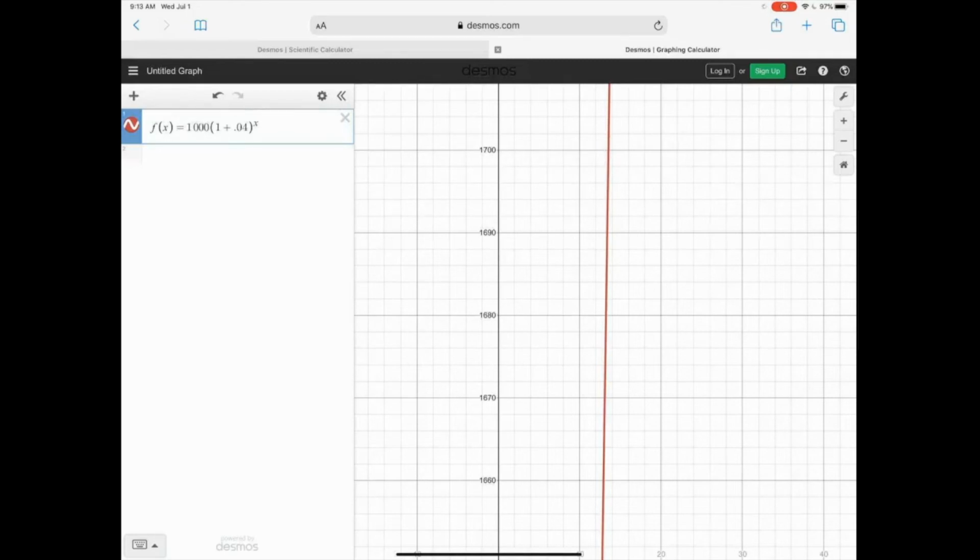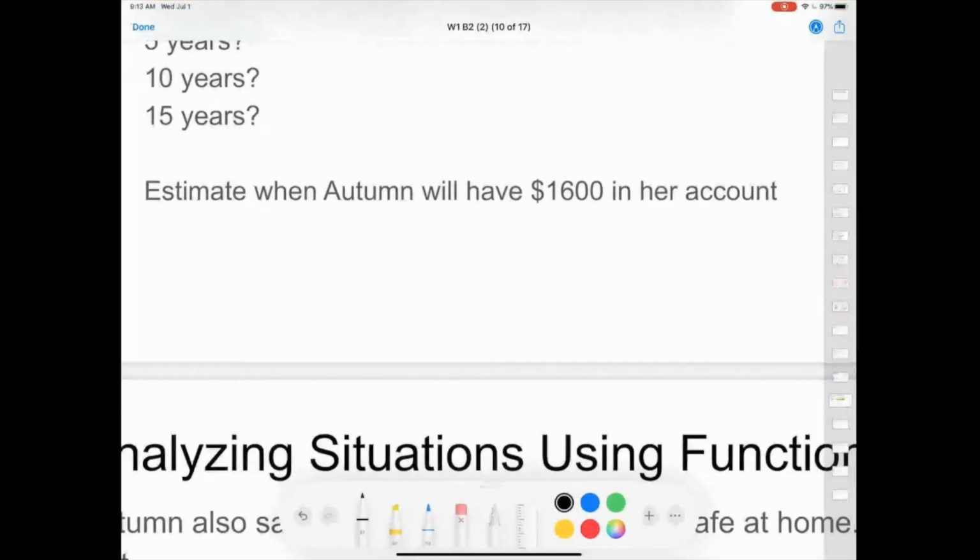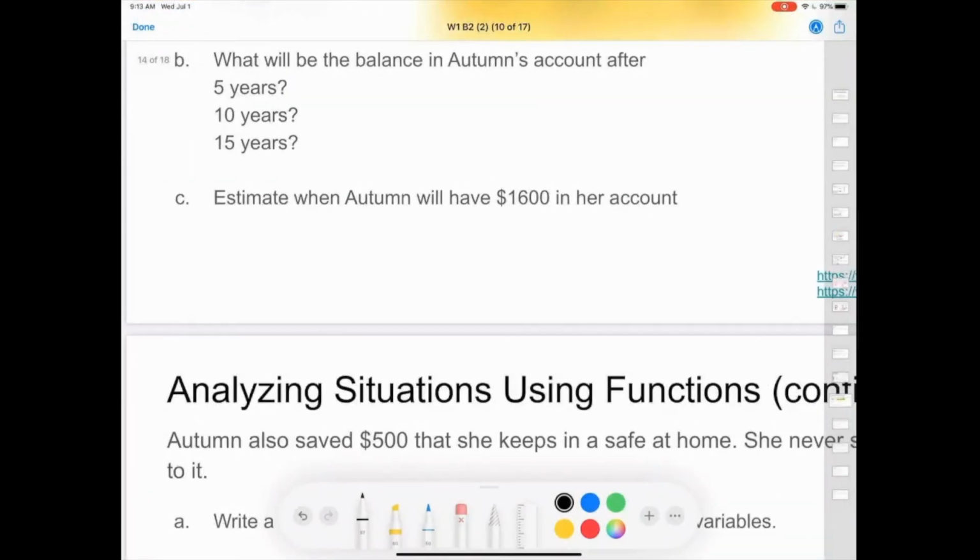Do you guys have any questions on using Desmos graphing or Desmos calculator or anything that we've done so far? If you're good, you can give me a thumbs up, or you can unmute yourself if you have questions.